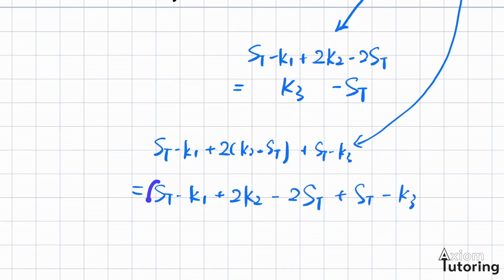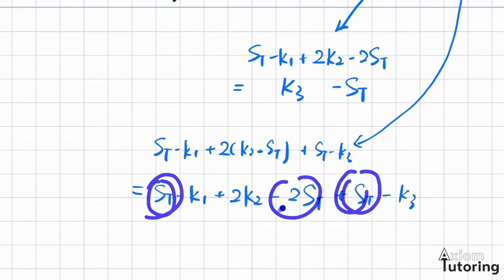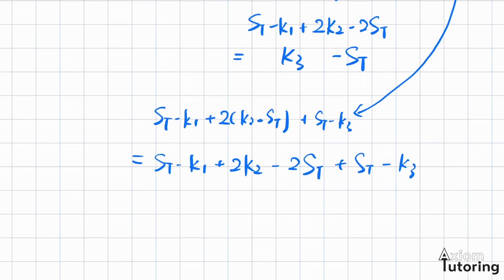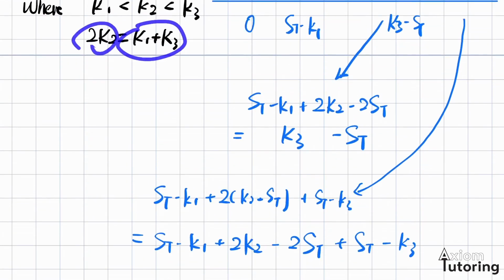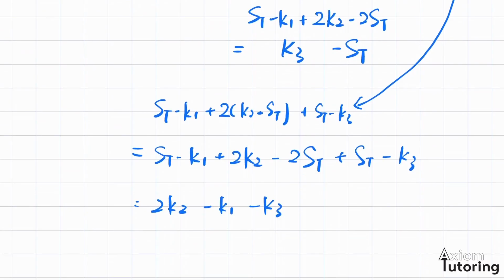So all the ST's will be cancelled out. You have 2 over here minus 2 over here, so they'll be cancelled out, and we're left with 2K2 minus K1 minus K3. K1 plus K3 is exactly 2 times K2, so we can combine these, and we have 0 over here.